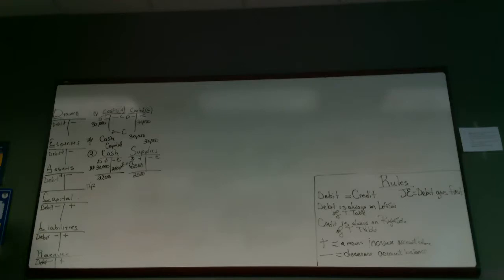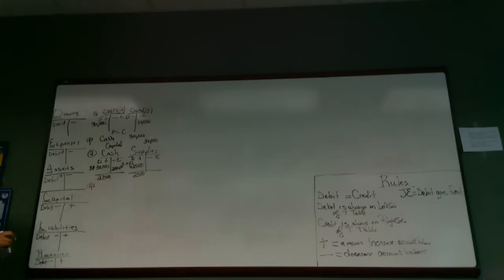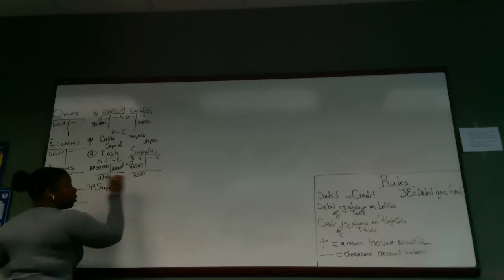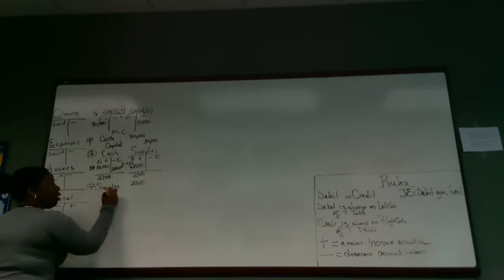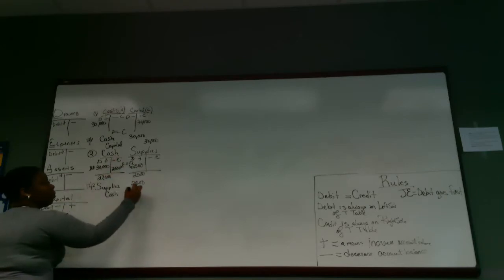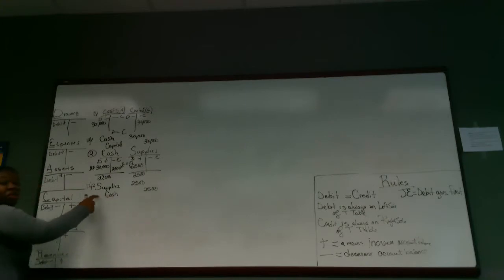Supplies. Yep. So supplies, 2,500, and then cash is my credit. See, supplies is a debit, cash is a credit. Is it going to be the 27,500? It's going to be 2,500. This is not the balance, this is just the transaction.